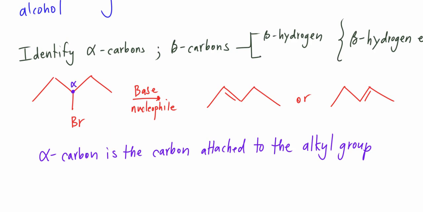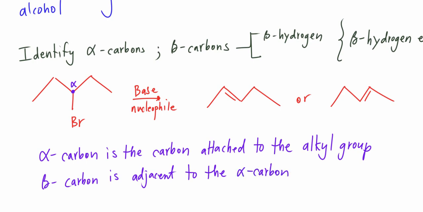Now, your beta carbon is adjacent to the alpha carbon. So carbons that are direct neighbors to the alpha carbon are considered beta carbons. So this is a beta carbon and this is a beta carbon.